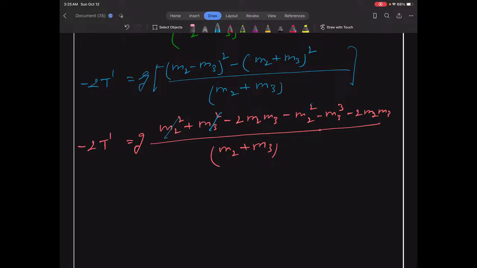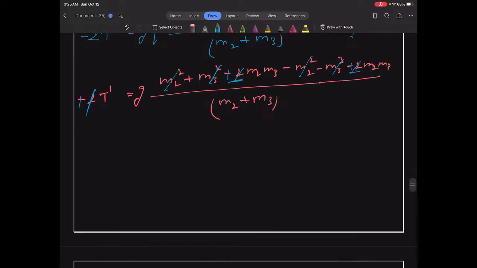These two terms cancel out and this will be coming as minus of 4, or we can just cancel out this minus sign, so this will be plus and this will also be plus, and it gives us that our T prime will be equal to twice M2 M3 times G over M2 plus M3.